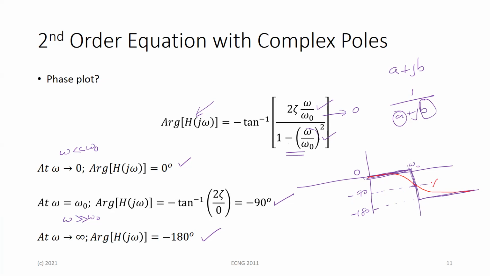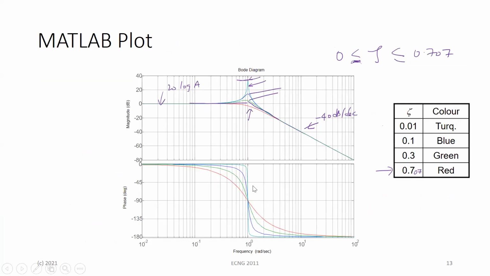How fast it does this is strictly a function, again, of the damping function. If you were to plot it, you would see, when the damping function is very close to 0, you get a very sharp transition from 0 degrees to minus 180.